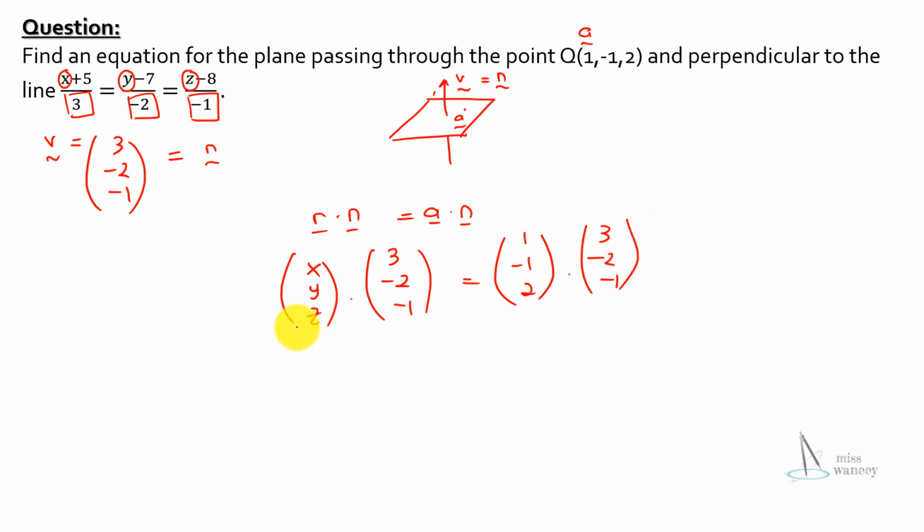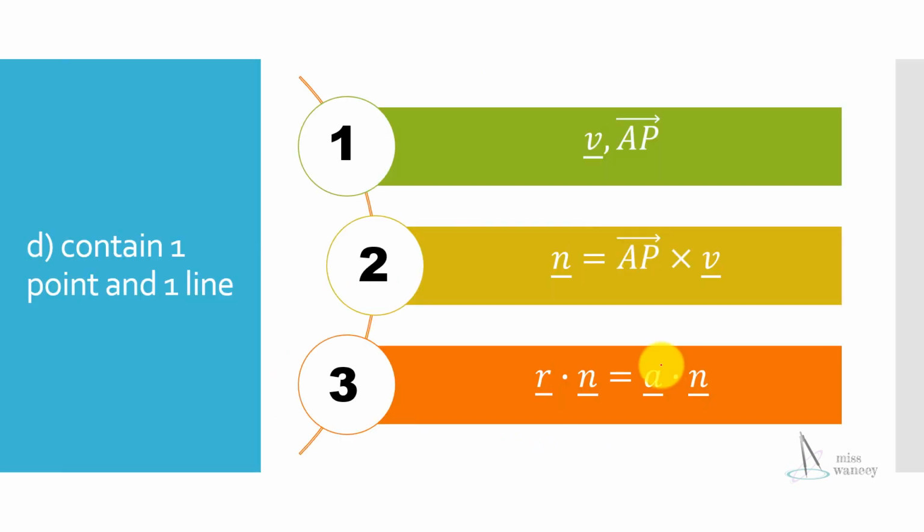So do the dot product for this. So you're going to get 3x minus 2y minus z equal to, so 1 times 3, 3, negative 1 times negative 2, so plus 2 and then minus 2. Therefore, we're going to get 3x minus 2y minus z, and this is exactly equal to 3. So done with this.